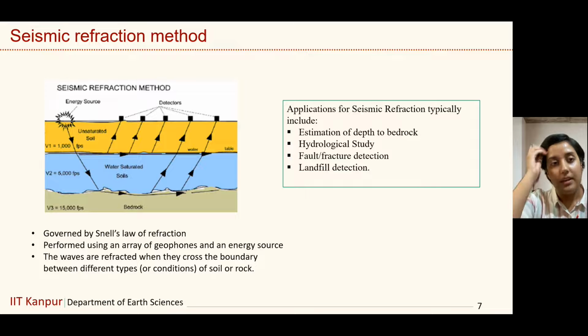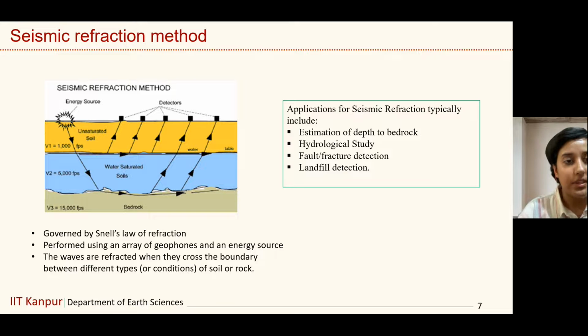Before that, the seismic refraction method, which I mentioned earlier, is mainly used to estimate the depth of the bedrock. It also helps in performing hydrological studies. It also helps in demarcating faults and fractures, and also landfill site detection.